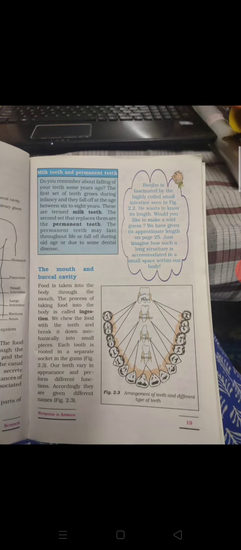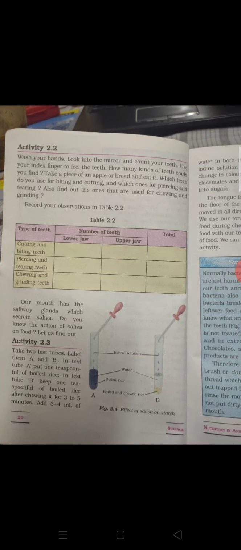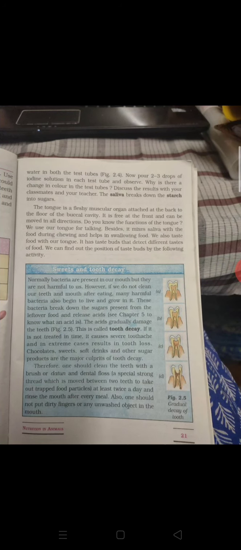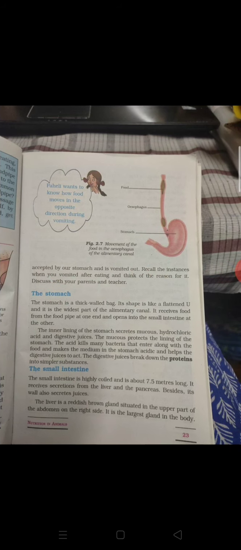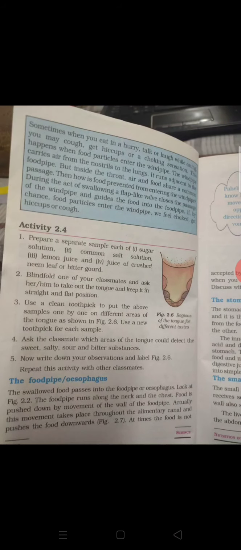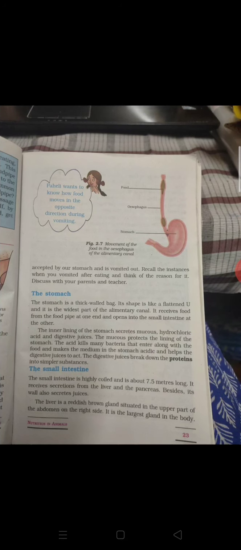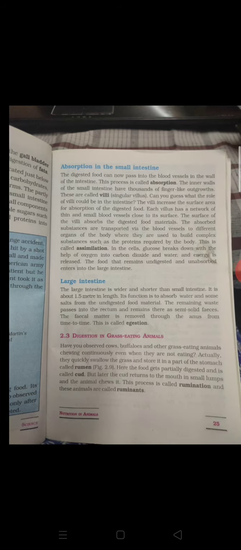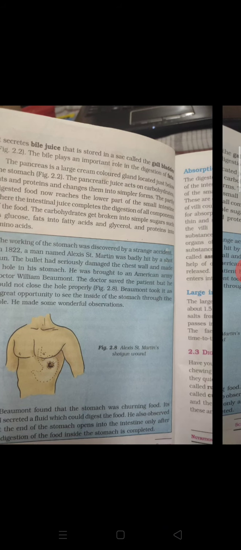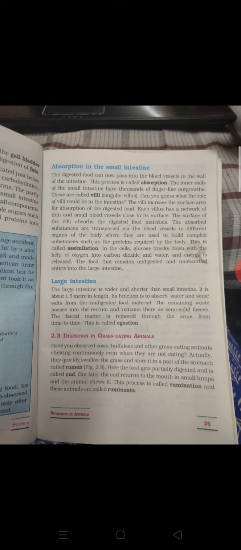You have studied about the different parts of the digestive system: the mouth, the buccal cavity, the food pipe, the esophagus, the stomach, the small intestine, the liver, the gallbladder, which are some glands. Then you have studied about absorption of nutrients in the small intestine, then the function of the large intestine.